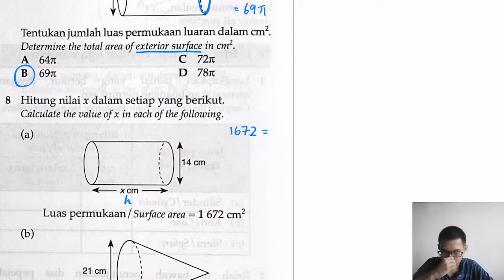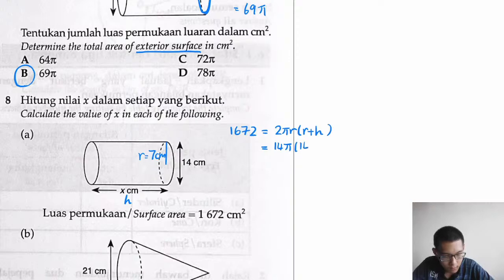This one is 7 cm for the radius. So we use 2πr squared plus 2πrh, which is 2πr(r + h). So I have 14π and (7 + h).